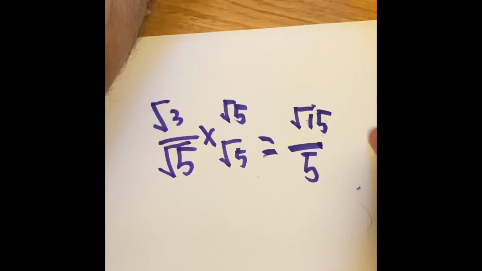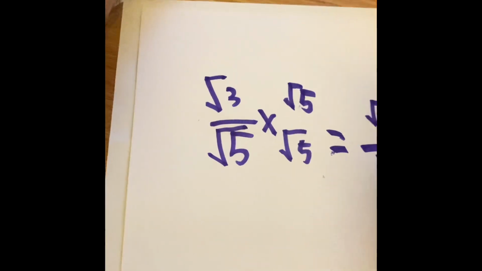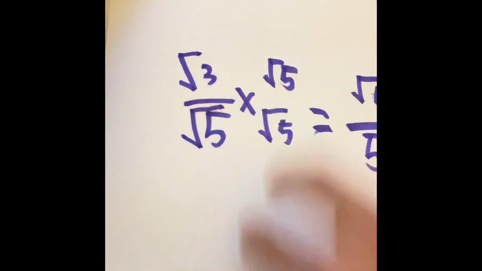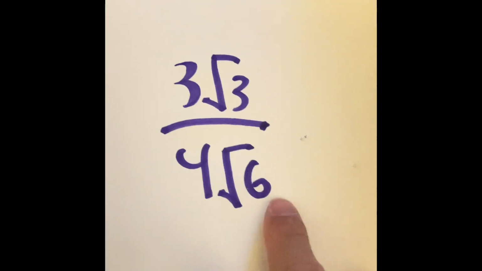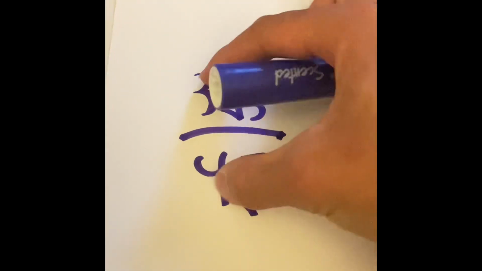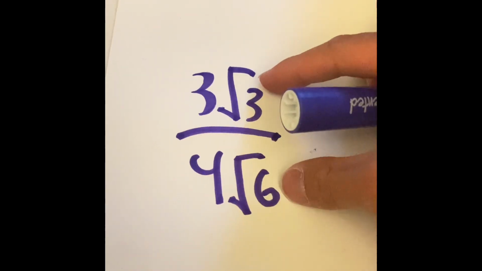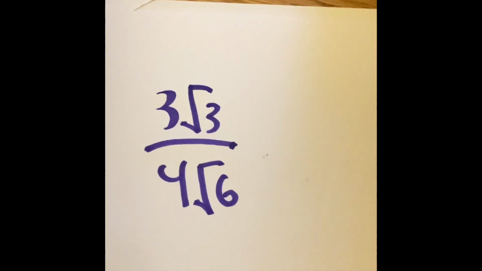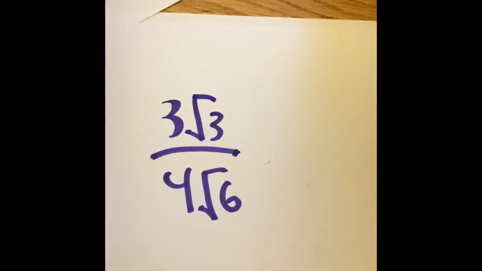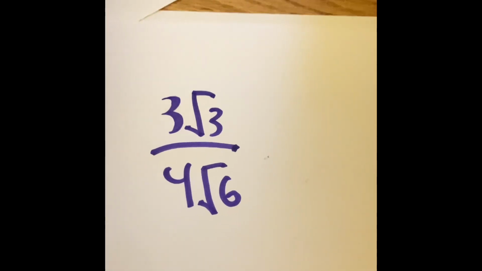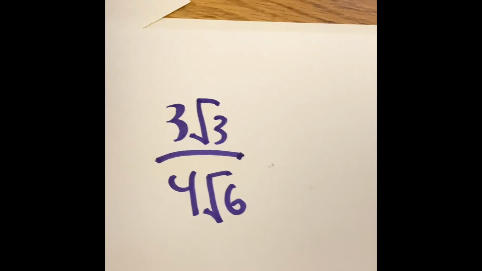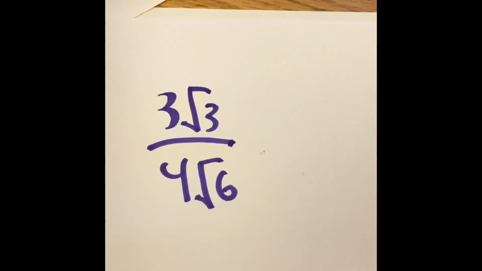Let's look at one more example, just in case you have numbers in front of the radicals. Okay, so here's an example where we have multipliers in front of the radicals. The main goal is to have the denominator as a whole number, and the numerator something else, or both.